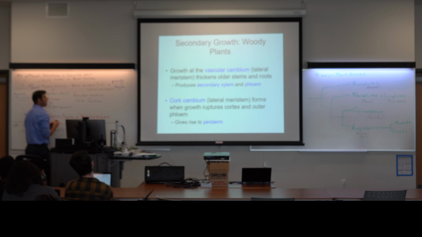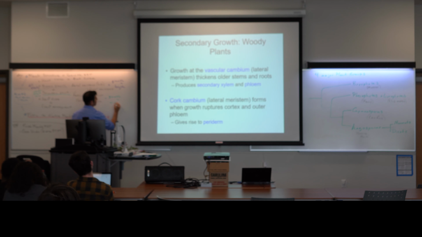So vascular cambium and cork cambium are going to be growth structures that we see on secondary growth. They're going to allow growth in width.